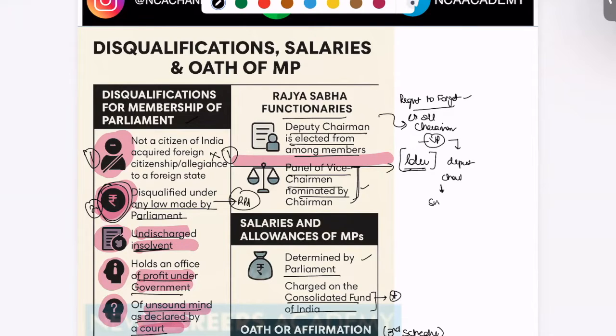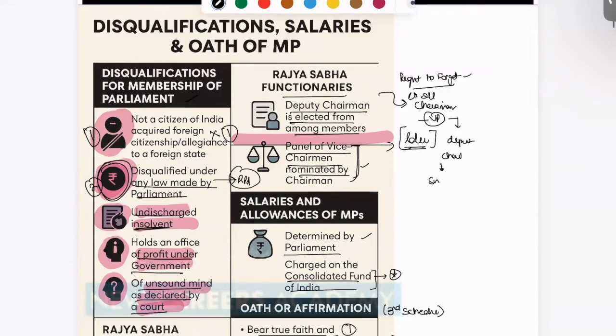When you cannot disclose the sources of income and you have more property than that. Is it clear? So this was the case. Second, I cannot fight elections for the period of the sentence I am given. Is it clear? So these are things that we know.